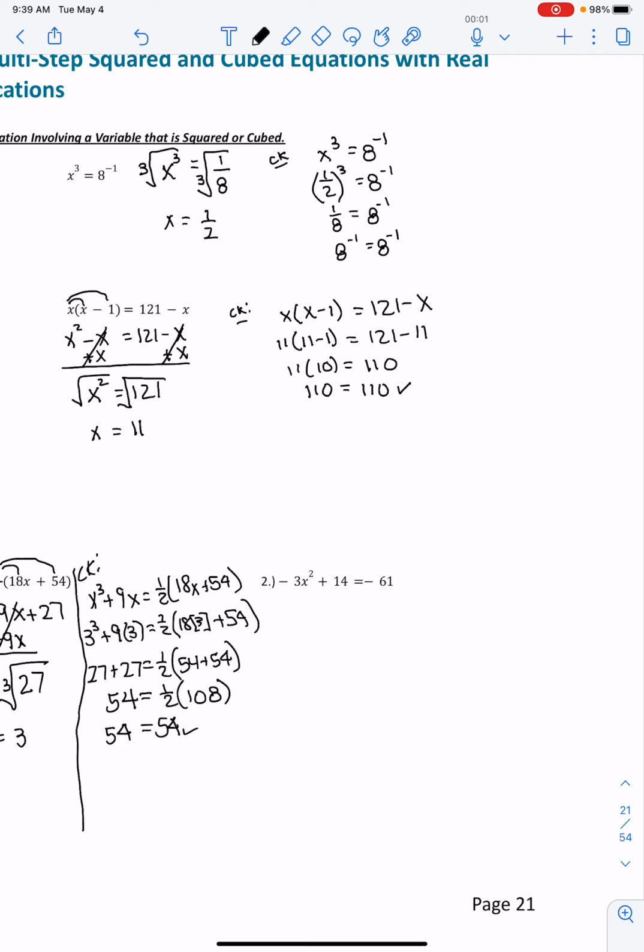So I'm going to subtract 14 from both sides. So I get negative 3x squared equals negative 75. The next thing I'm going to do is divide both sides by negative 3.